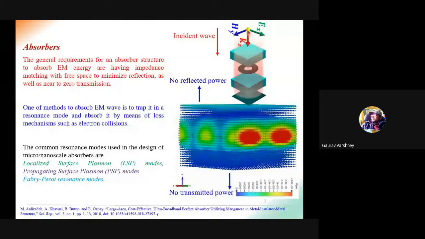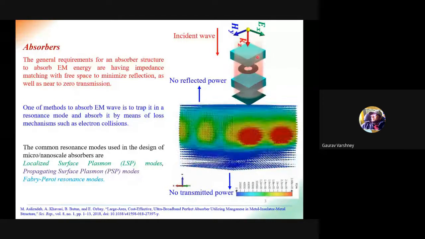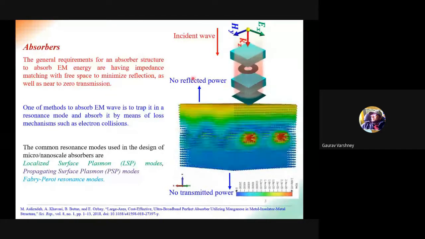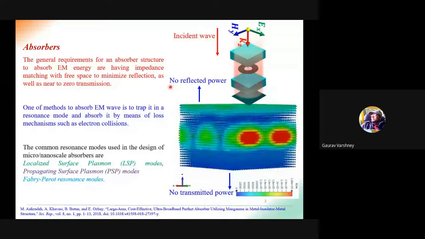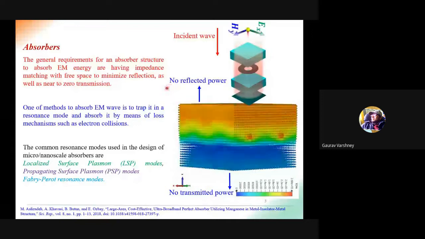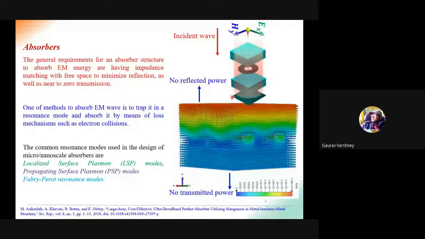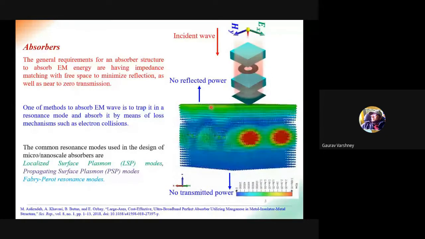And when this electromagnetic wave falls over this absorber, what happens? This complete spectrum must be absorbed. So we can say the first condition imposed is that no reflected power should occur when this device is utilized as an absorber.